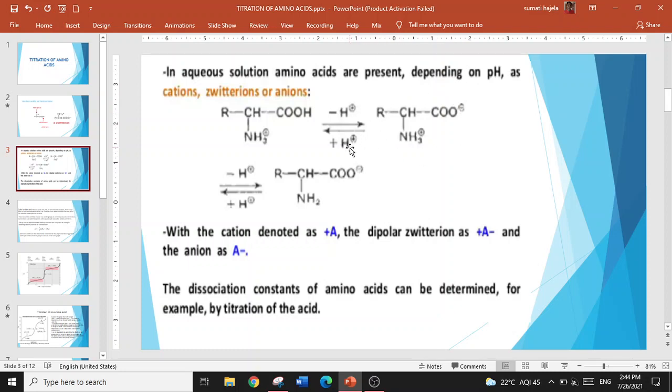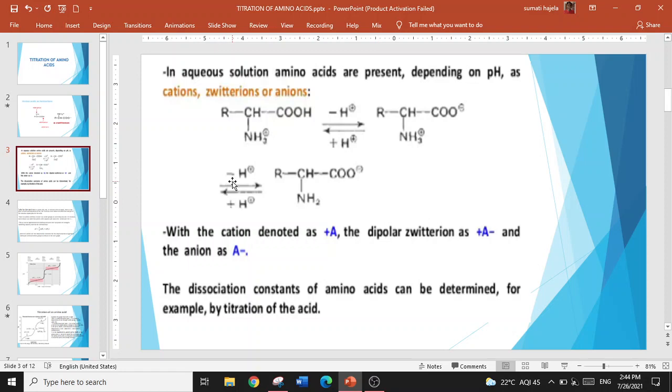If we reduce the pH, if it is 7, then below 7, protons will be added to it, as a result of which a proton will add here because this is fully protonated, and net charge on this species will be positive.